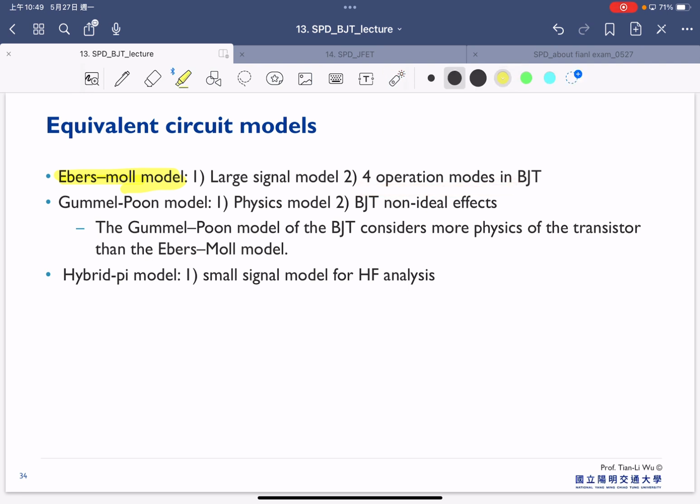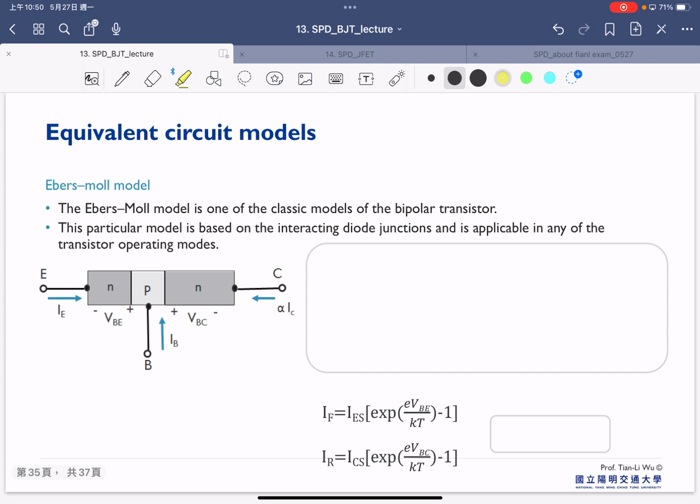The second one is the Gummel-Poon model, which is a physics model and also considers some non-ideal effects. And the last one is the hybrid pi model. Here we just quickly show the Ebers-Moll, because it's one of the most often used until now, and it is also an easier one to understand.